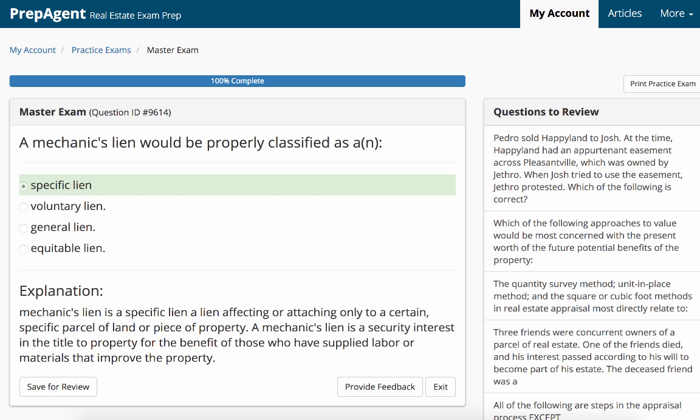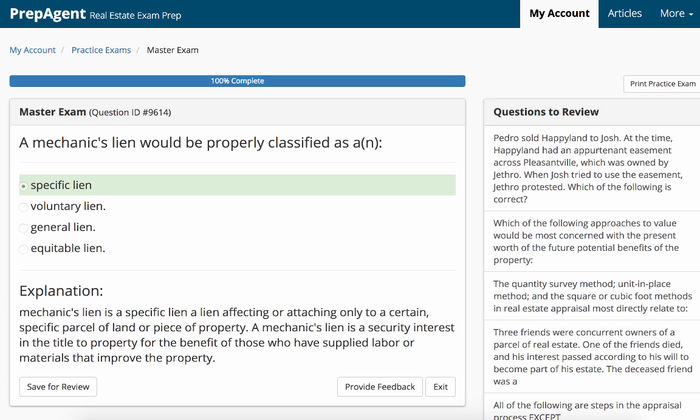Is an easement one? No, because the easement has nothing to do with money. Another specific lien would be property taxes. Can you give me a general lien? Is a general lien kind of like a foreclosure?